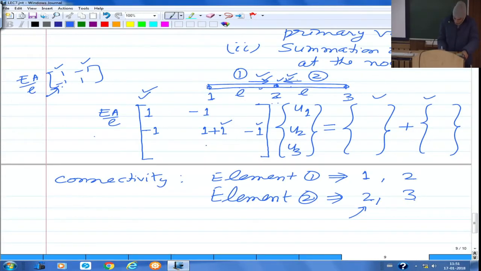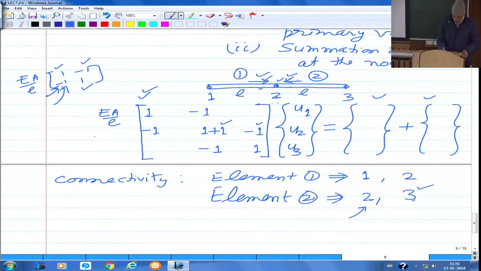Since the second node of the second element is node number 3, this element of the second element stiffness matrix would go to the third row and second column. Then this will go to the third row third column, so you add it here.